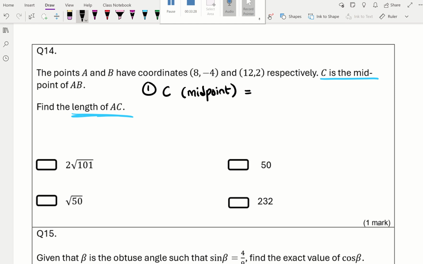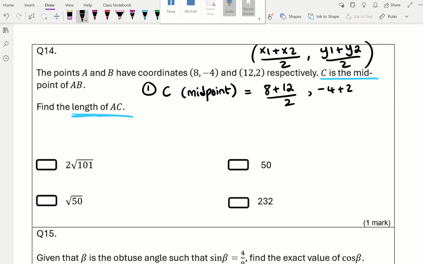The midpoint formula is x1 plus x2 over 2 and y1 plus y2 over 2. So I'm adding the x's, 8 plus 12 over 2, and I'm adding the y's, -4 plus 2 over 2, and I get 10, -1.